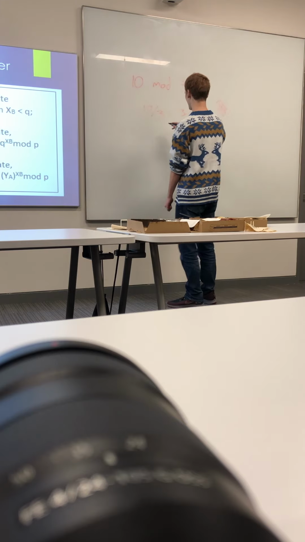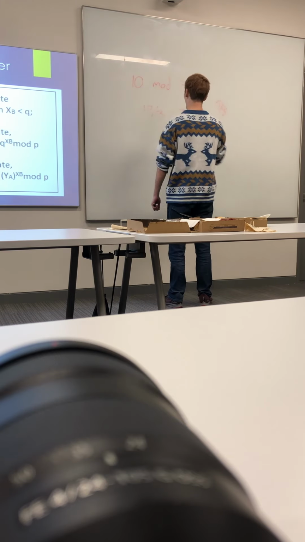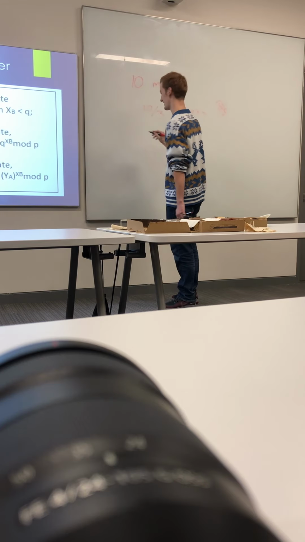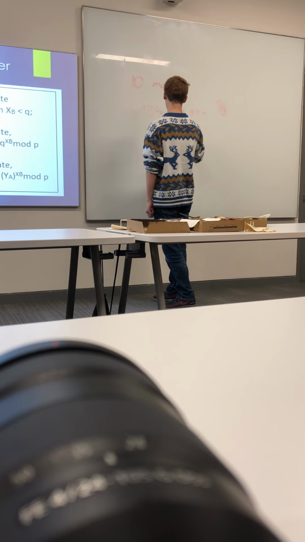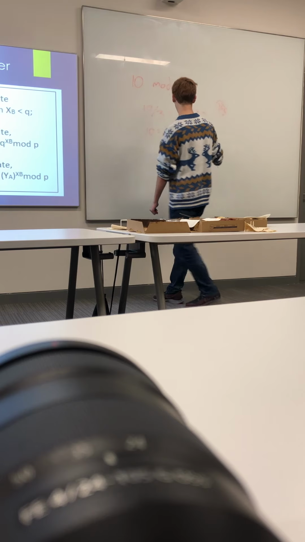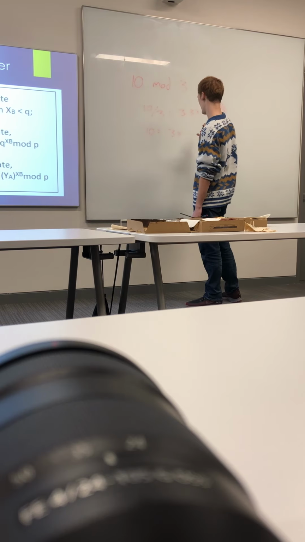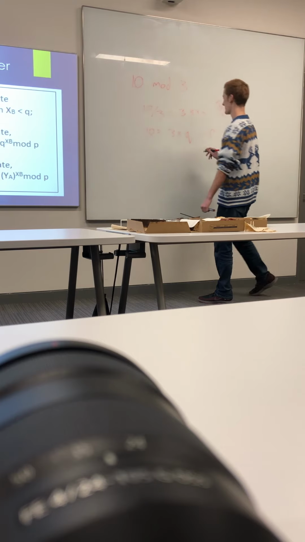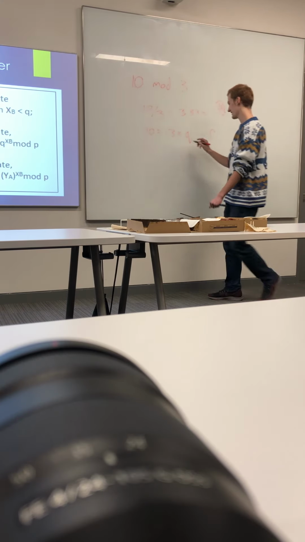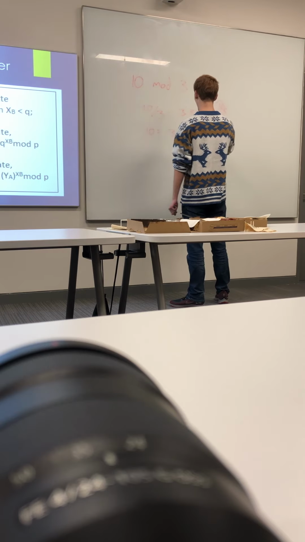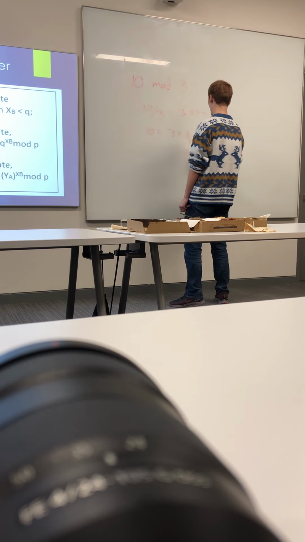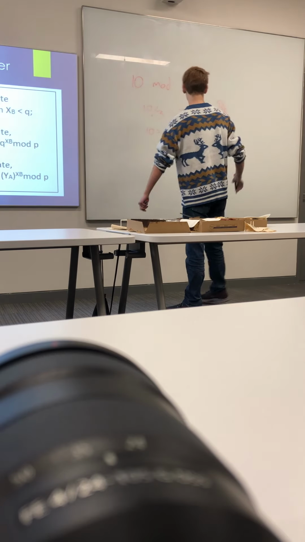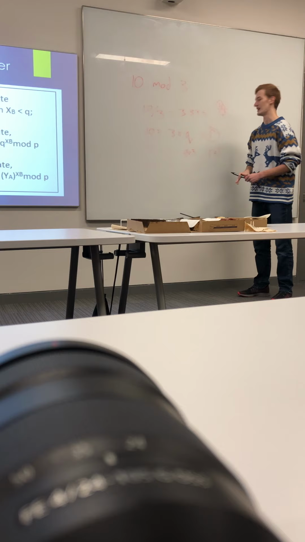If we were to write 10 divided by 3 in the way that we actually want to write it, 10 is equal to 3 times q plus r. From this, we have q is equal to 3, and r is equal to 1. What the mod function does is it just gives you r. r is less than 3.